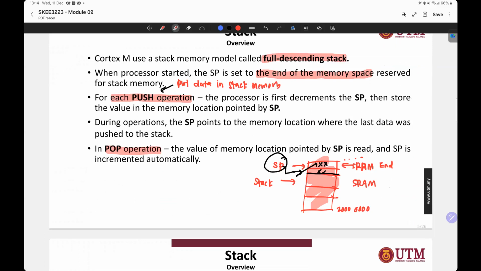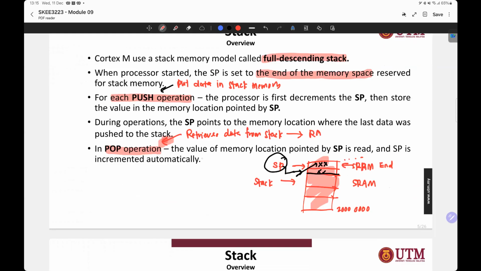You're going to retrieve the data, get the data back from the stack, and put it back into your general purpose register, your RN, either R0, R1, R2. So this is what the pop operation does.